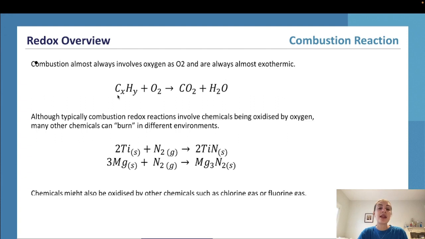However, for ones like those up the top, where you've got your typical hydrocarbon reacting with oxygen and producing carbon dioxide and water, you would be expected to know those are a combustion reaction because they follow that typical combustion reaction pattern and pathway.